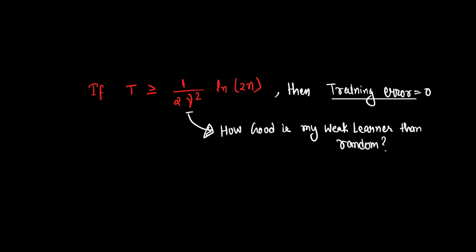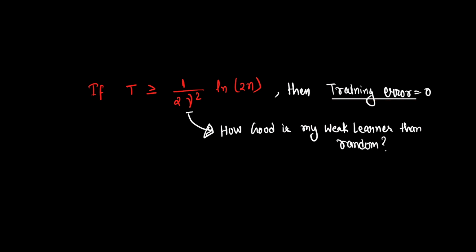Now there is a rule that if T is greater than 1 upon 2 gamma squared times natural log of 2n, where T is the number of iterations, then there will be zero training error.